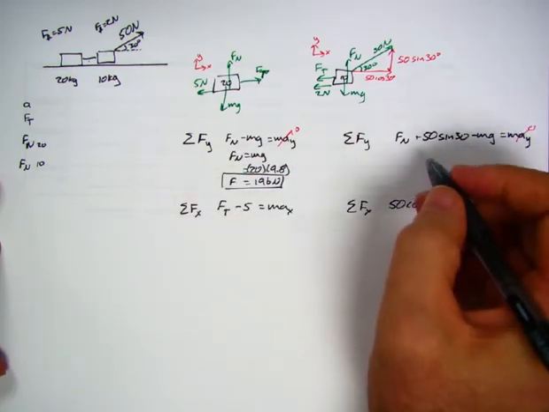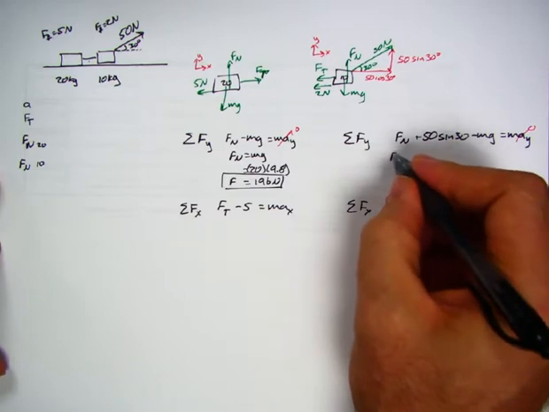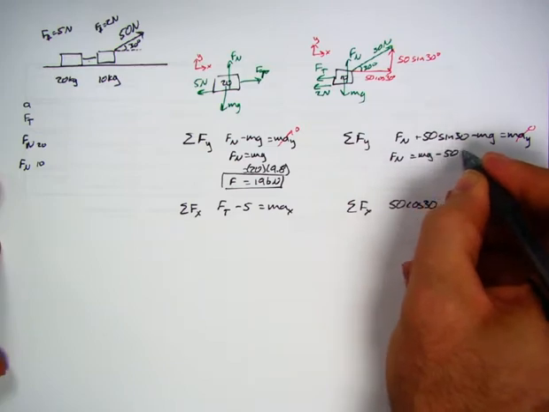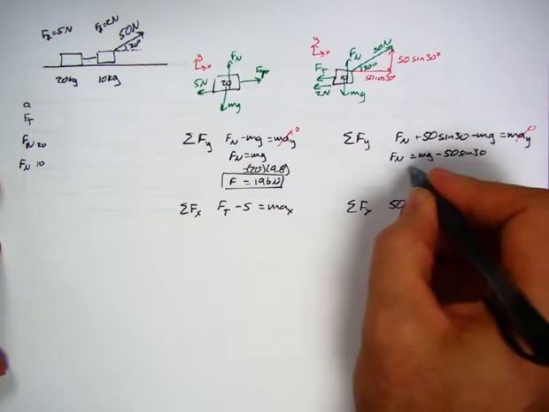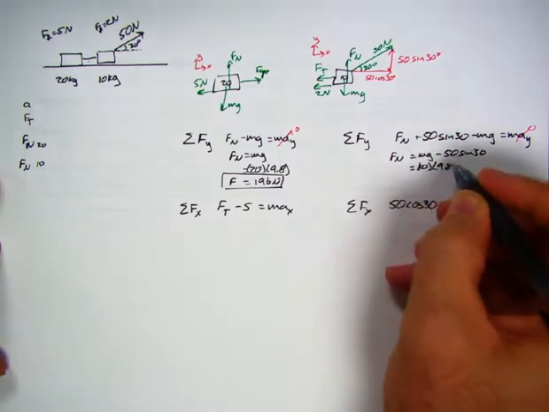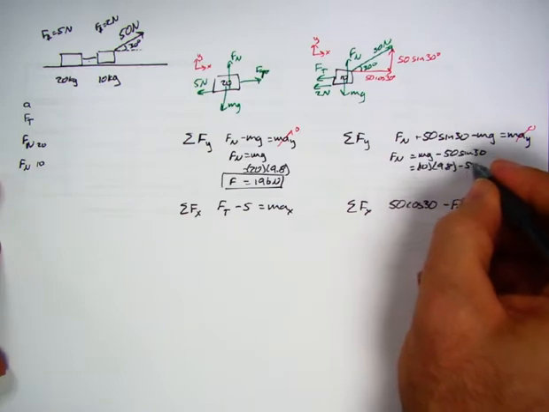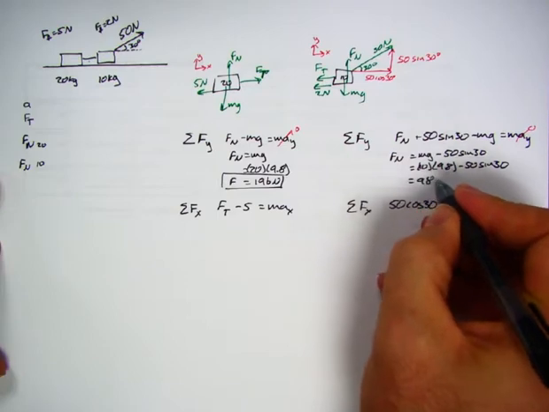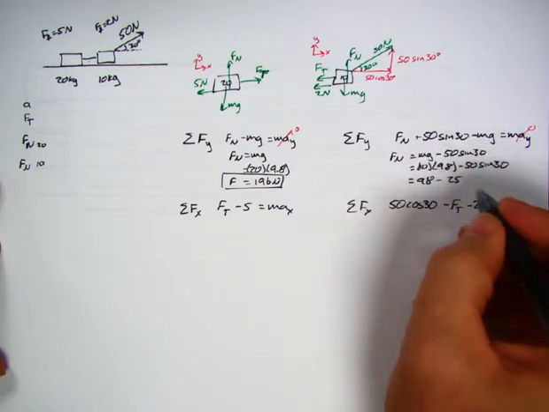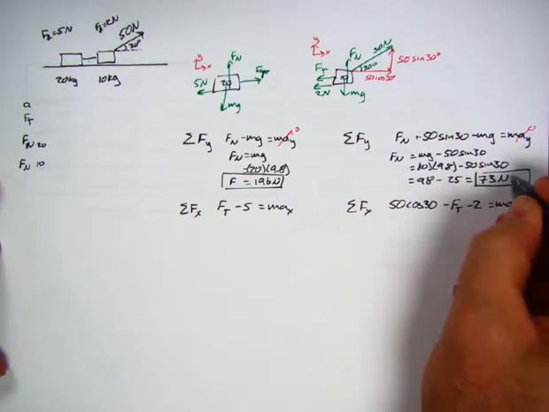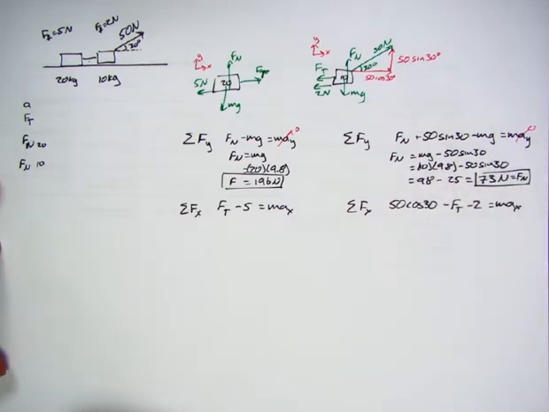And over here, the normal force is going to equal mg minus 50 sine 30. So it's going to equal 10 times 9.8 minus 50 sine 30. Plug in those values, you end up with 98 minus 25, which is 73 newtons. So we've got our two normal forces.